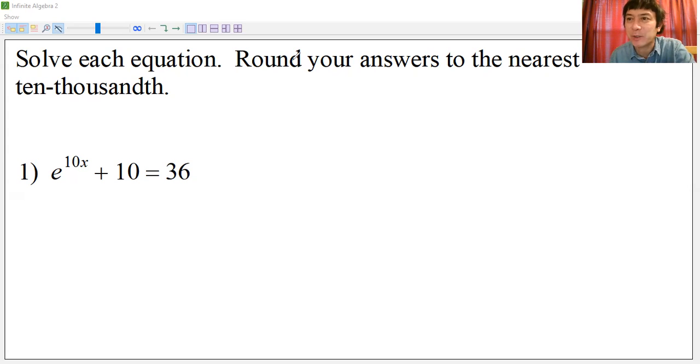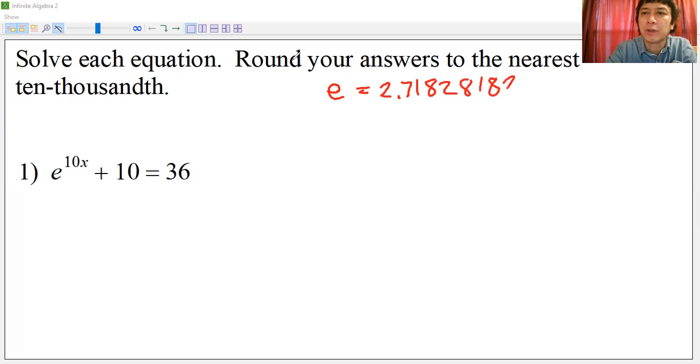We're solving for x. e is a constant, the natural logarithm base, and this is equivalent to 2.718281828. So it's a constant that will be the base for the natural logarithm.